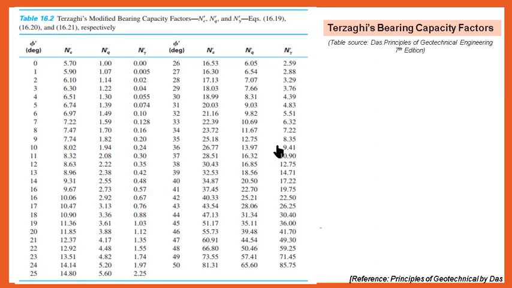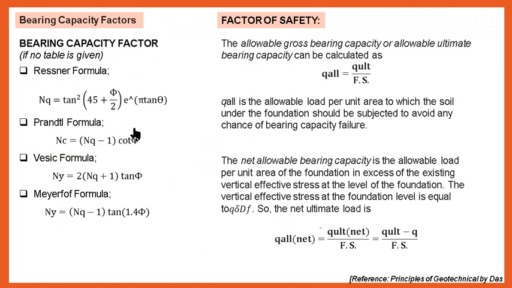So, if we don't have a table, we will use a formula to solve for the N sub q, N sub c, N sub y, and our N sub c prime, N sub y prime, and N sub q prime.